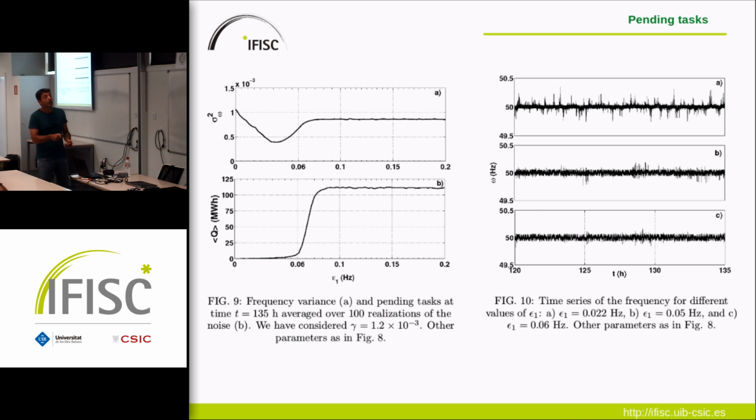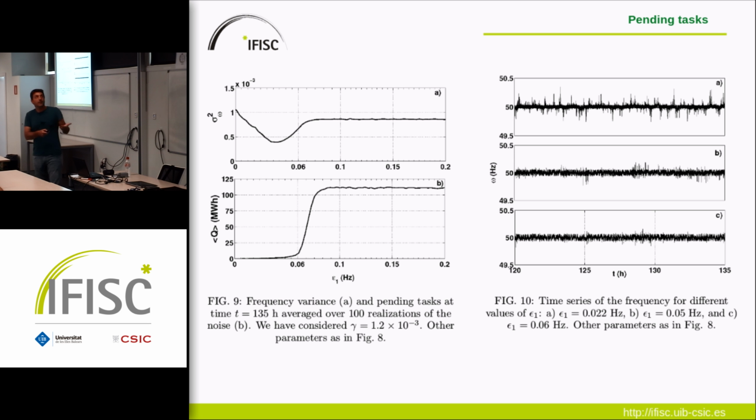What's the problem? That when you recover these pending tasks, even if you do it randomly, you spread out the switchings, you get these huge peaks. Okay? So, let's say the system accumulates pending tasks. At a certain point, the frequency is good. These devices start to switch on. Okay?